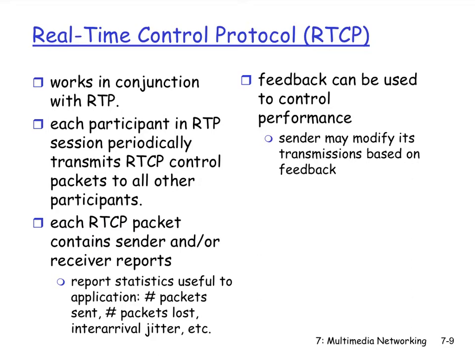RTP is typically used, as we said, for streaming stored audio and video content, or for video conferencing. So for video conferencing in general, we have one source and multiple receivers. Okay? So in that case, as we said before, we don't need 100% reliability for multimedia applications, but we still need some kind of flow control.